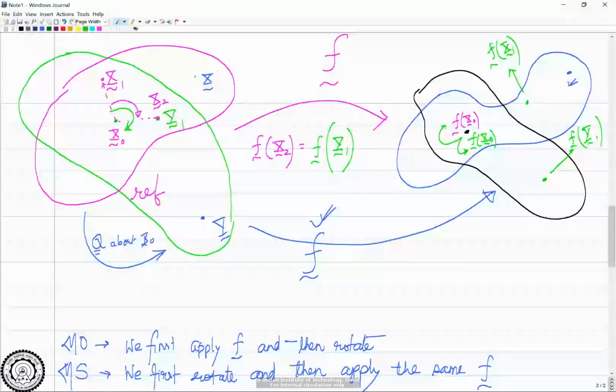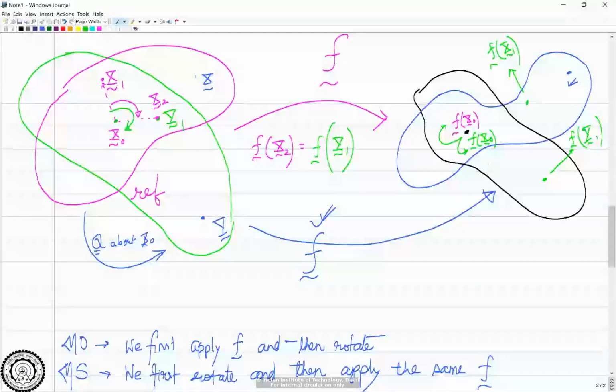So physically, it means that in the first process, you have a lab, you have a body, you apply a deformation to the body. Then in the second process, you have the same body, but some other person comes and rotates the body while you are gone out of the lab.